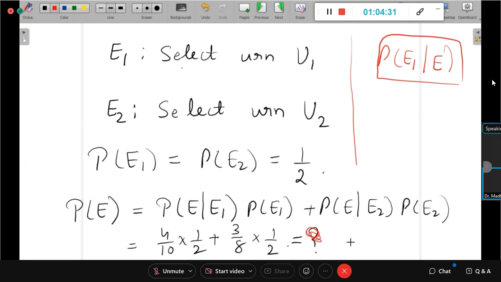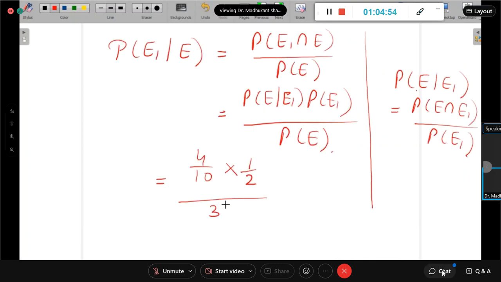If you solve it out, it's going to be 16 plus 15, so 31 by 80.